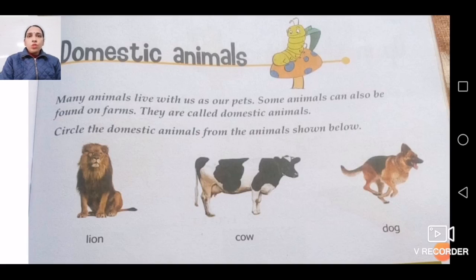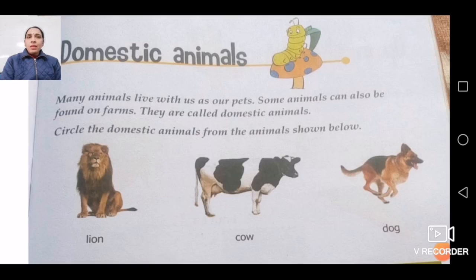So children, first of all, the animals which we find in the forest or those who live in the jungle, or we can say these animals have their habitat in the jungle itself, so they are known as wild animals.